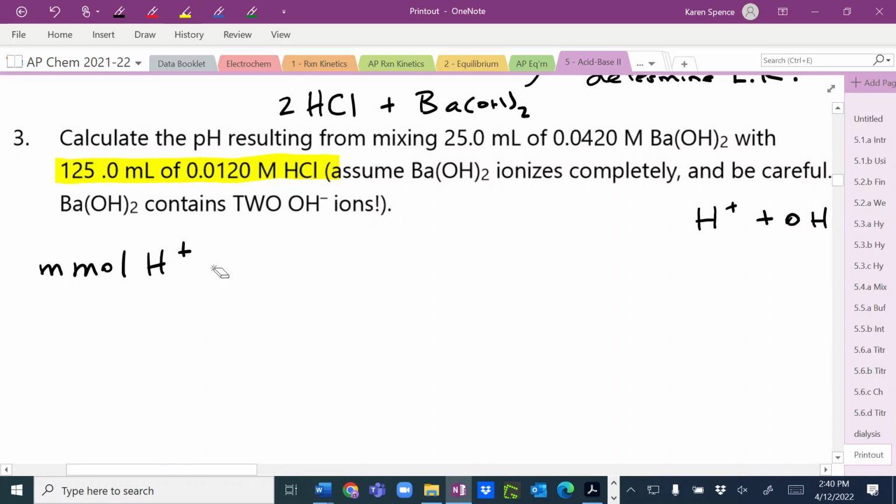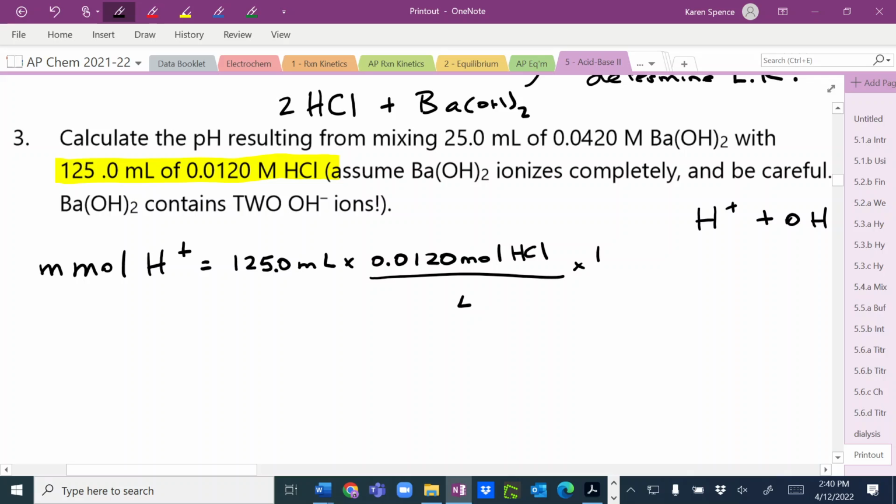Oh, I'm trying to draw with a highlighter. That's not good. So we have 125 milliliters times 0.0120 moles of HCl per liter times 1 H plus for every 1 HCl.